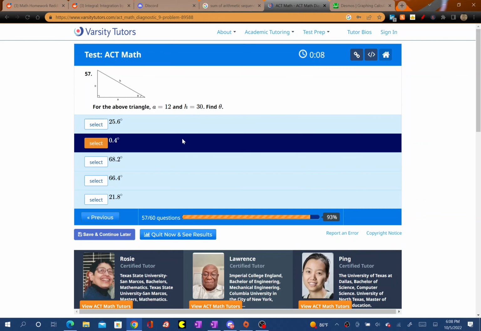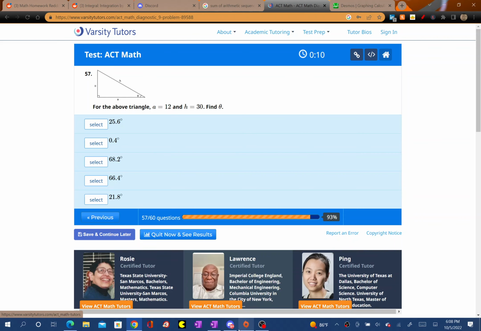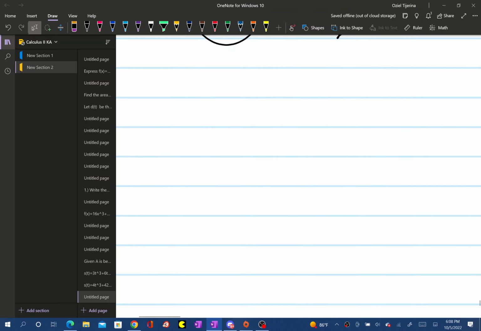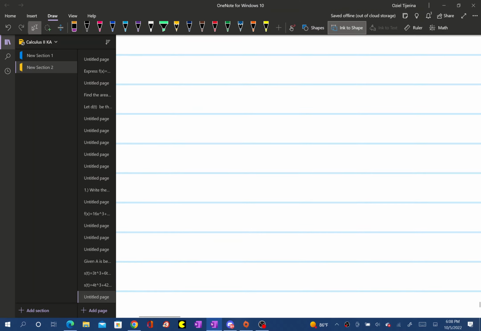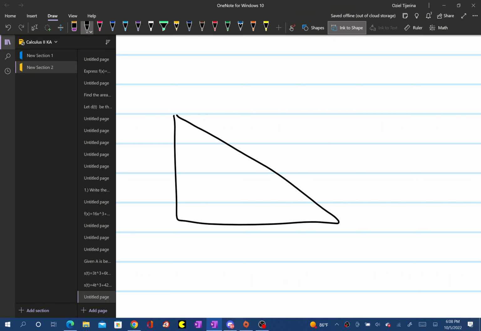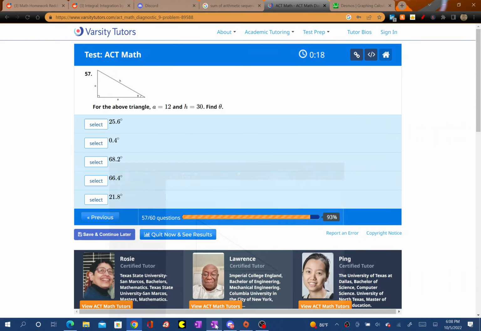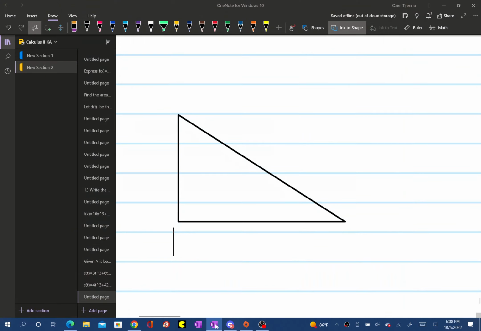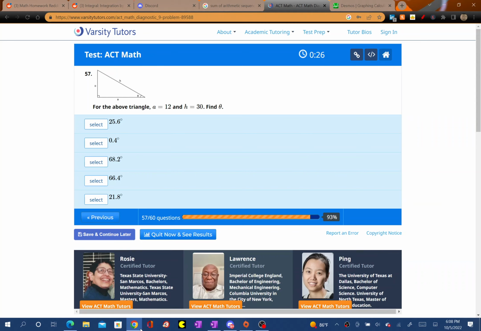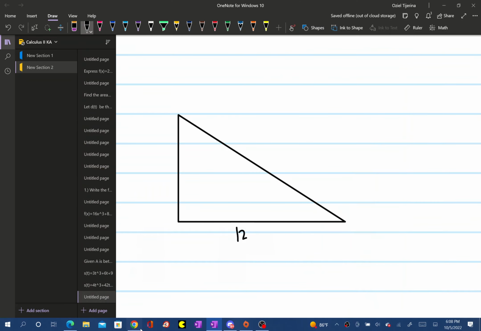Okay, we have a right triangle, and it's saying that the side lengths are 12, so it's 12 here and 30 over here, and we need to find theta.